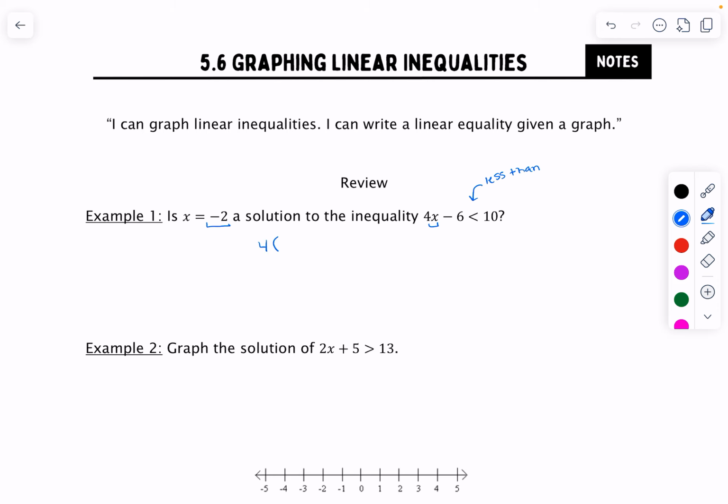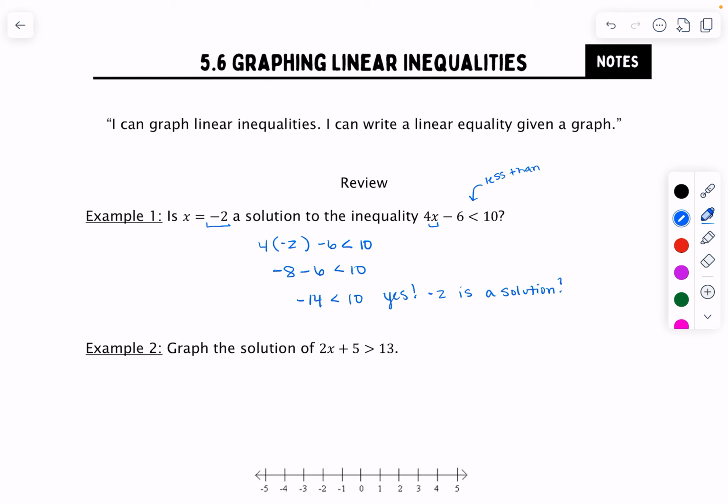So 4, remember when we substitute a value in, we put it in parentheses, -2 minus 6 less than 10. 4 times -2 is -8. Bring down the -6, and we simplify again. -8 minus 6 is -14, less than 10. Is -14 less than 10? Yes. So that means yes, -2 is a solution.